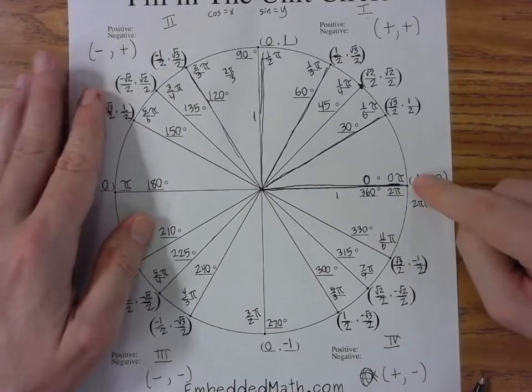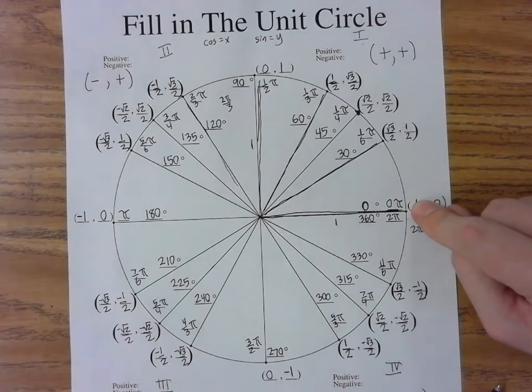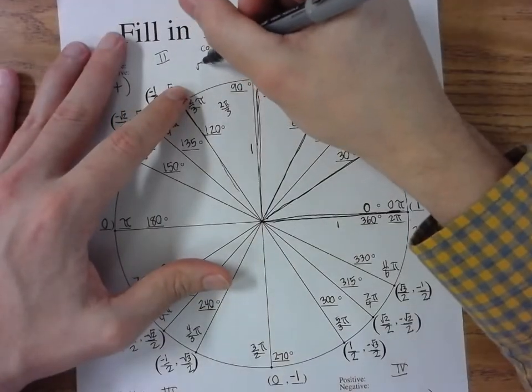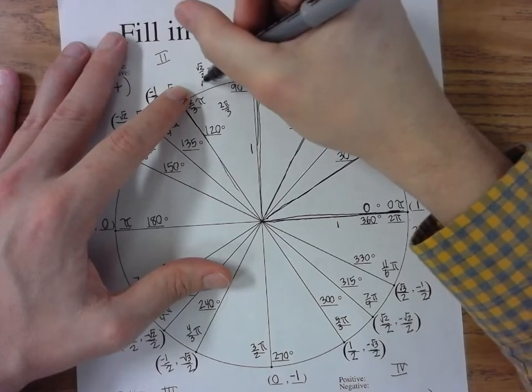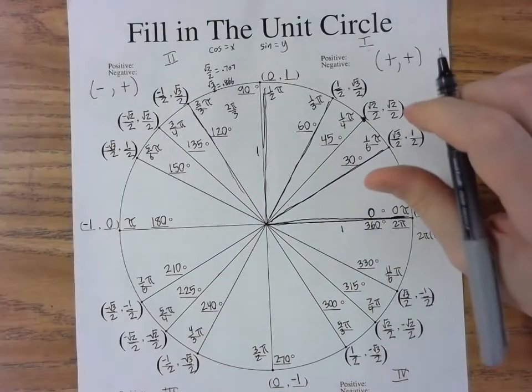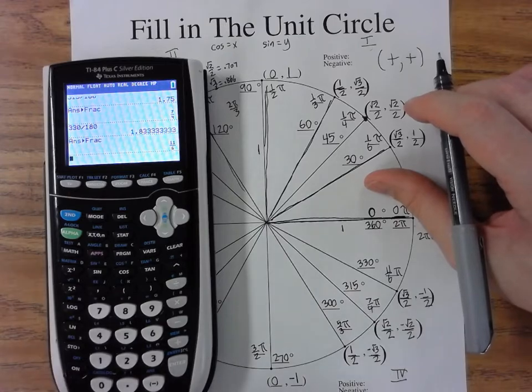You have to know that cosine is x and sine is y. So really, if you knew that the square root of 2 over 2 is 0.707, and if you knew the square root of 3 over 2 is about 0.866, you could get away with doing the cosine of the degree and the sine of the degree and getting those decimals.